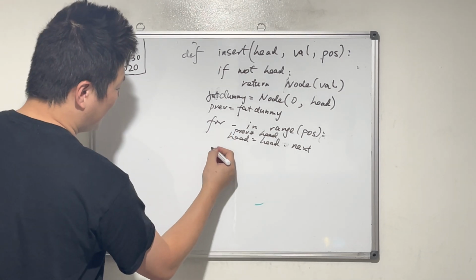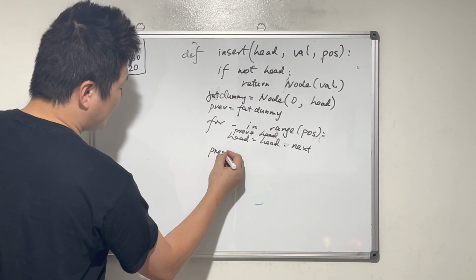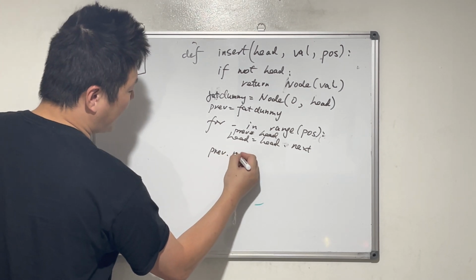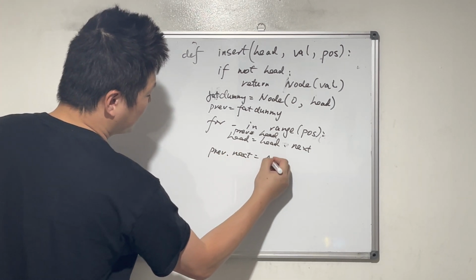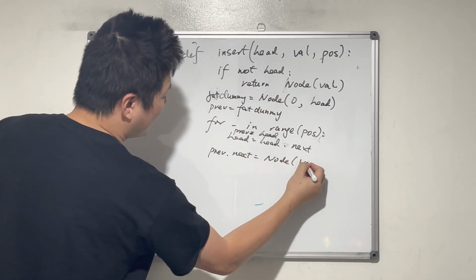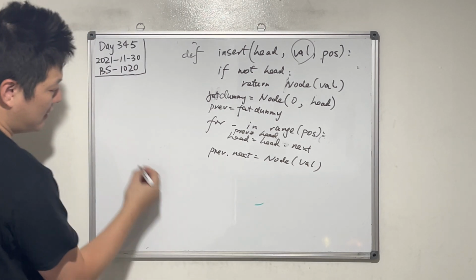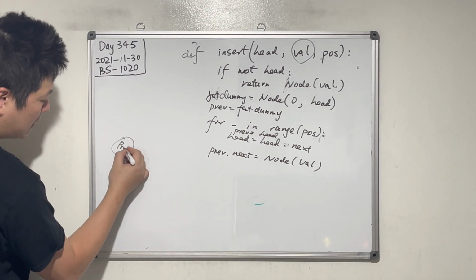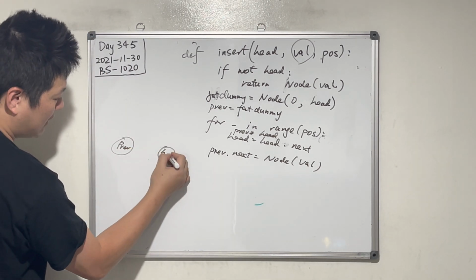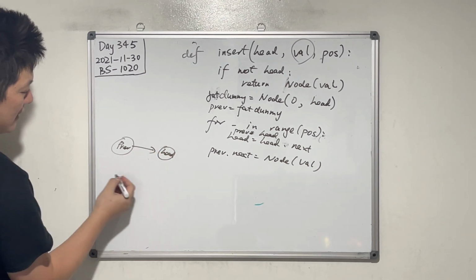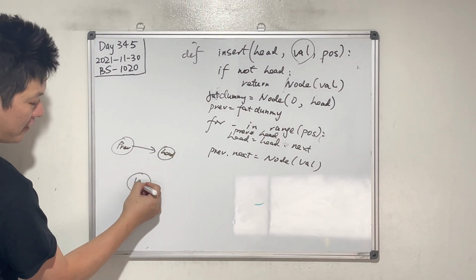So we can say previous dot next equals node value. We are inserting this new node. Look, this is previous. This is head. There's a link, and then we are inserting the value here.